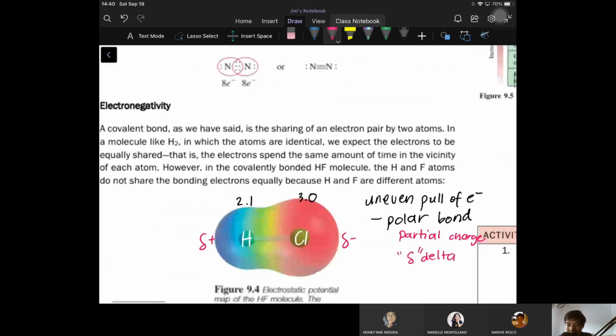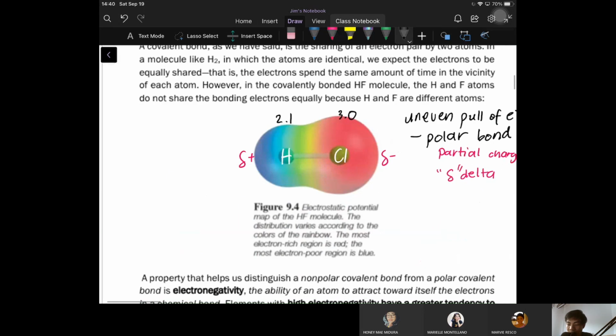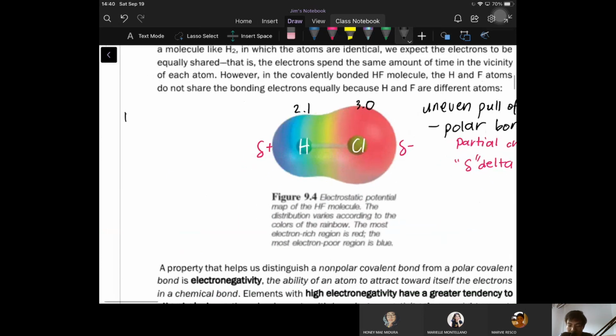Again, summarize natin yung tatlong uri ng bonds. Number one, non-polar covalent. Pag non-polar covalent, meaning even distribution of electron. Ibig sabihin nun, yung electrons, yes, may mas electronegative kaysa sa isa, pero negligible yung difference.